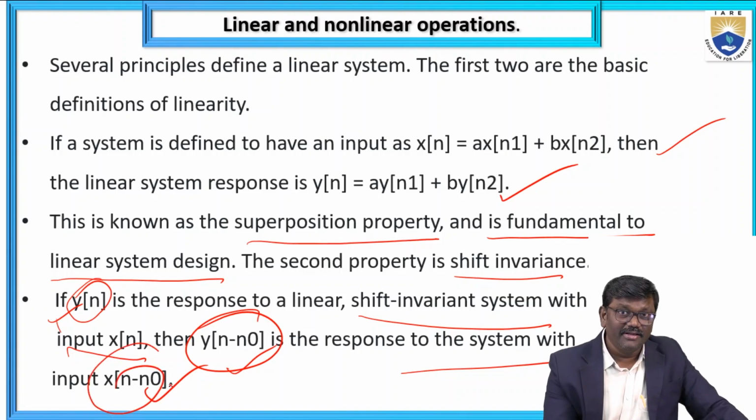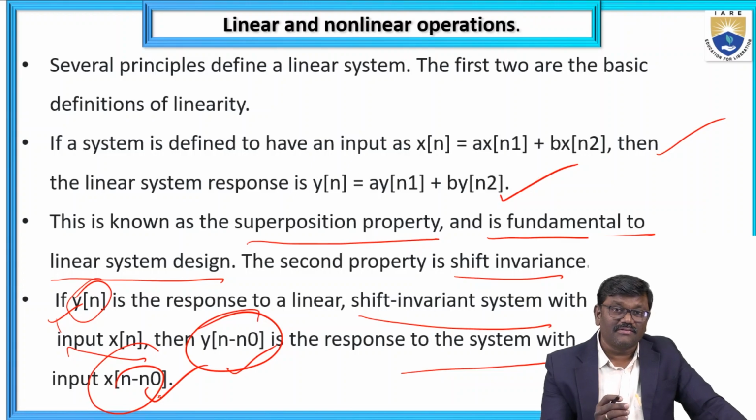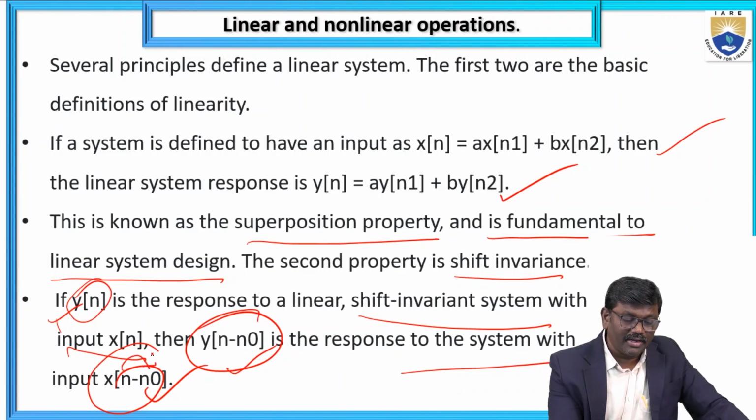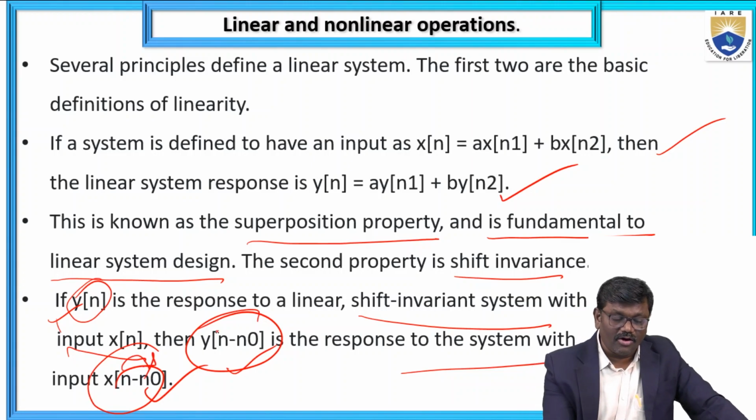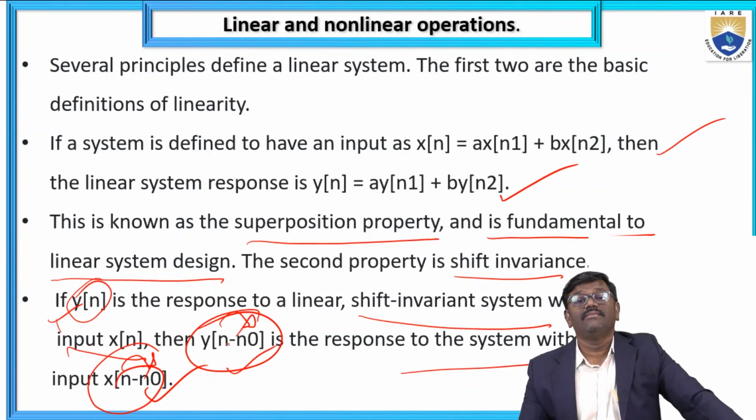So you see here, if at the input you vary with a certain delay from n to n naught, then the output will also show the same delayed content of the data.